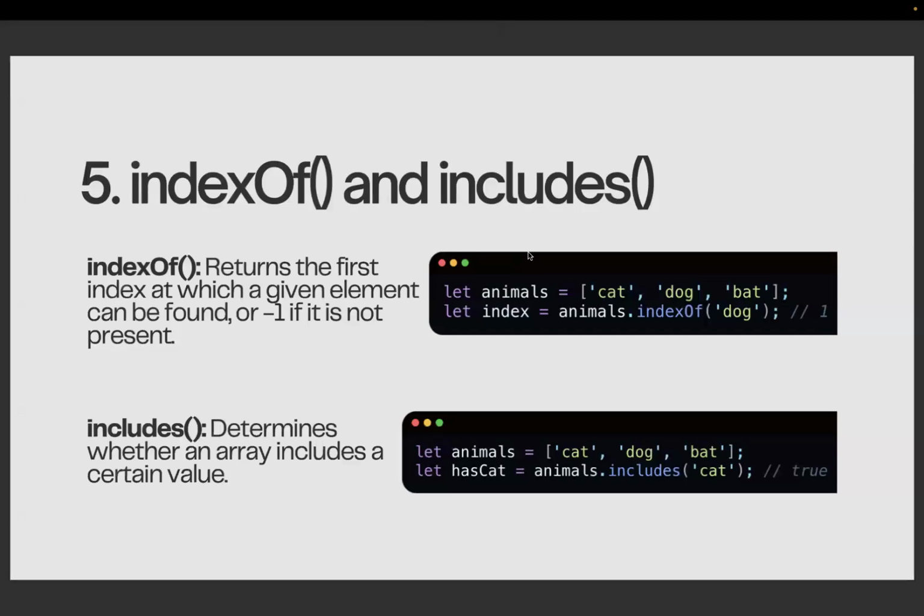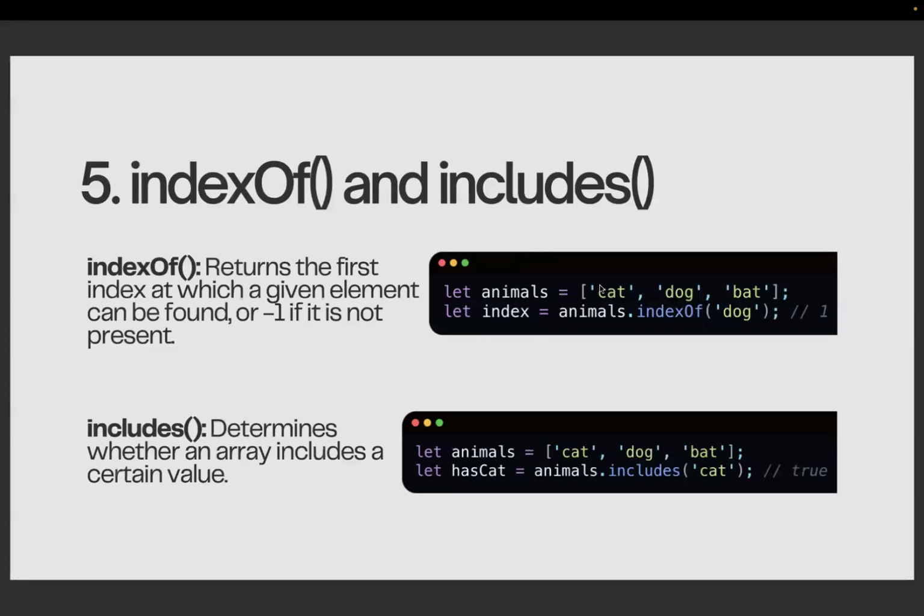And obviously, I think indexOf is something that is commonly used between different programming languages, just like in Java, and also with strings, we use this. indexOf returns the first index at which a given element can be found, or -1 if it's not present, right?